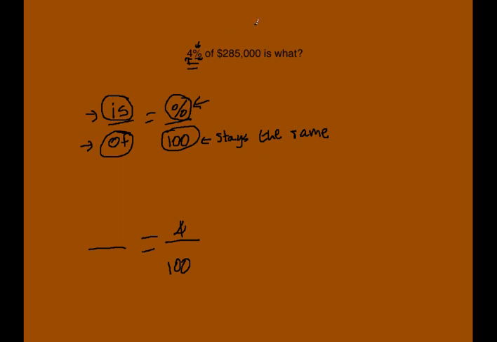Now what do we have left? We have is and of left. Now here's the thing. Of this number is what? My of is 285,000, and the is is what I don't know.